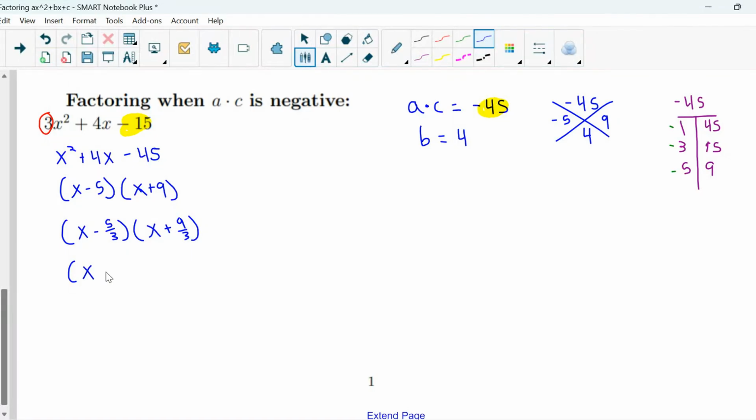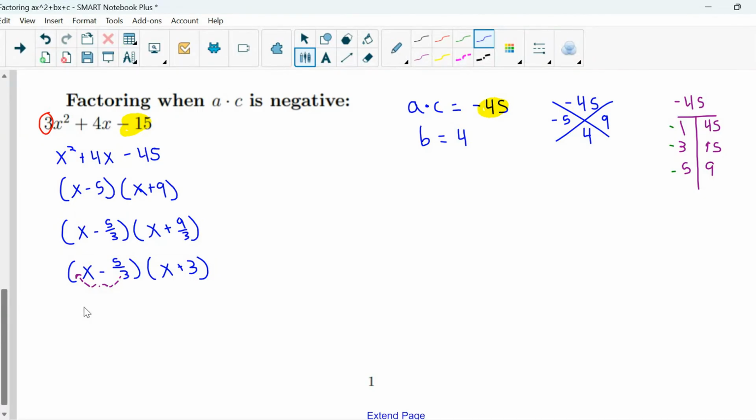So I'll rewrite this as x minus 5/3 times x plus 3. Okay, x plus 3, that's simplified all the way, but I still have a fraction in my first factor. So what you're going to do with the fraction is take your denominator and move it in front of your variable.